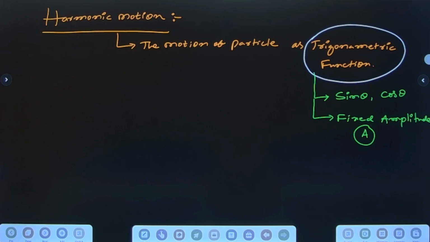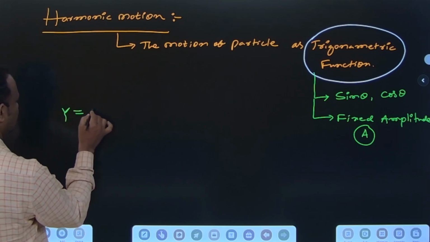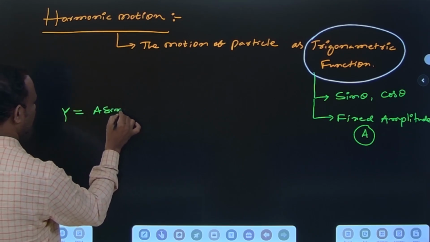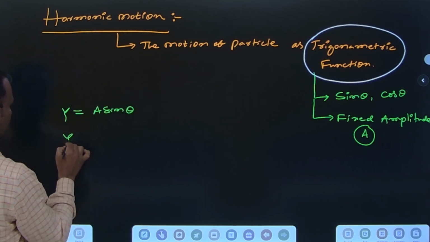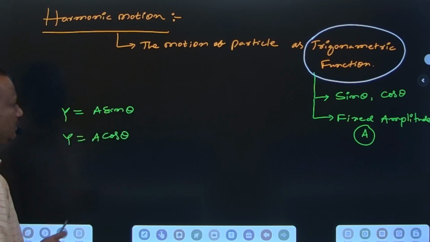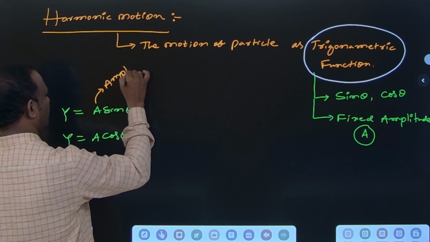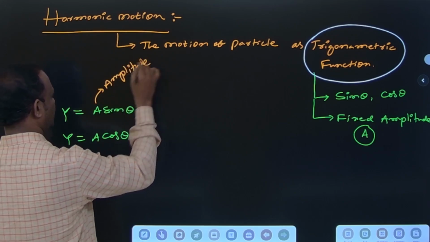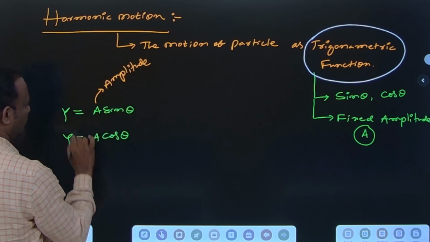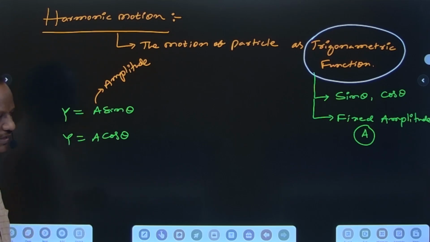So in harmonic motion, finally we come to the conclusion y equals A sin theta, or y equals A cos theta. A stands for amplitude, the same in both cases.